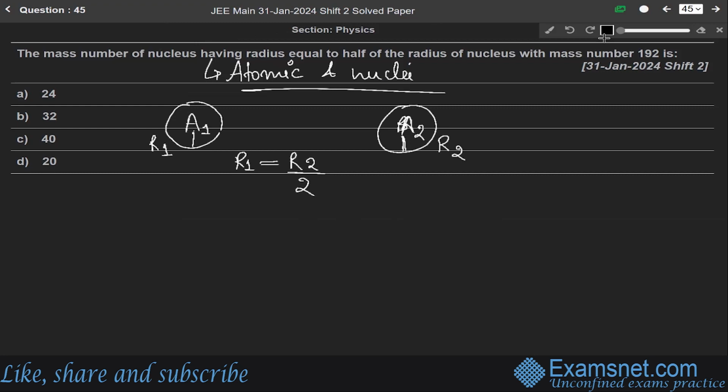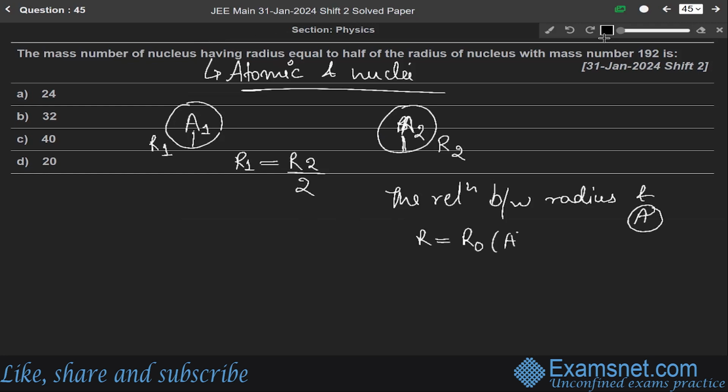Now applying the formula, since we know that the relation between radius and mass number is R equals R naught A to the power 1 by 3, where R naught is a constant. Its value is 1.5 Fermi. 1 Fermi means 10 to the power minus 15 meter.